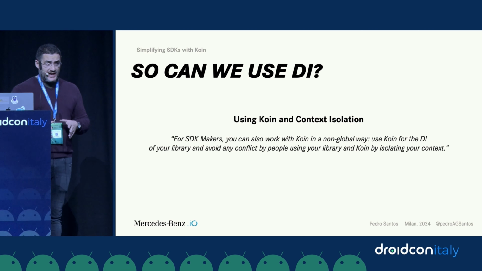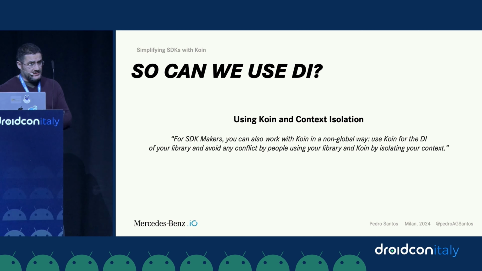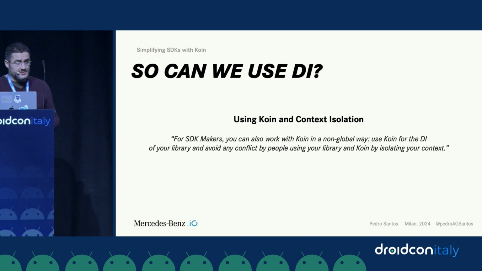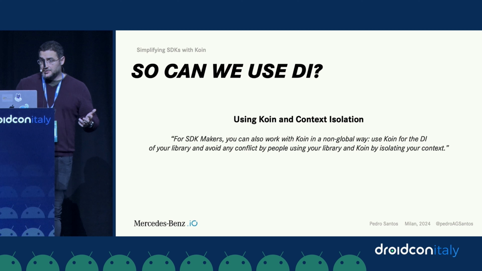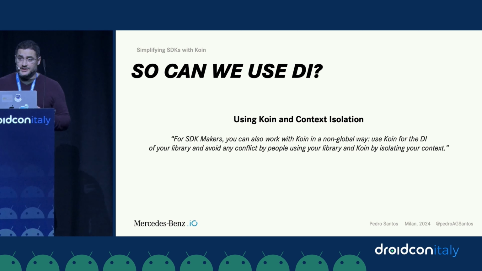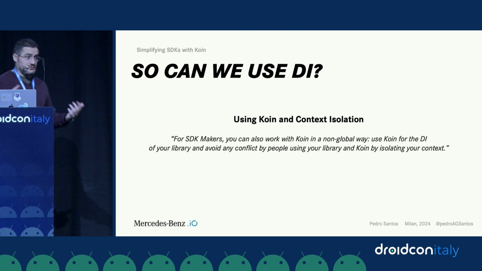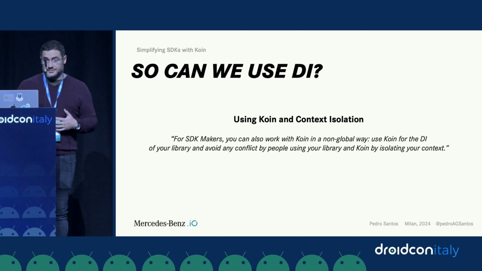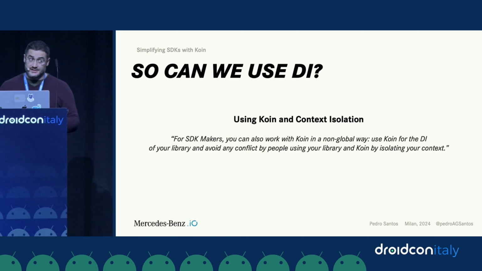So basically the apps using your SDK don't know that you're using dependency injection inside, which is quite nice. The only thing they would be able to see is maybe, if they're using Dagger and you're using Koin, that the Koin dependency is still there, because your SDK needs it.